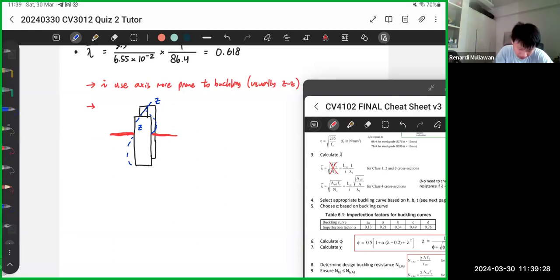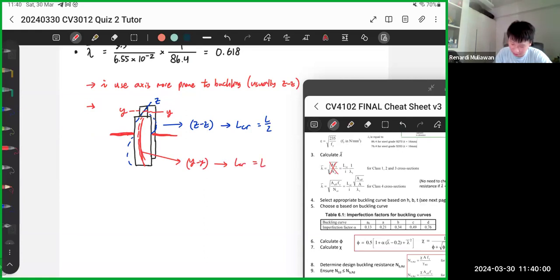While in the YY direction, it still buckles the whole way because there's no restraint in the YY direction. So for the ZZ direction, your LCR now becomes L over 2, while for YY, your LCR is still L.